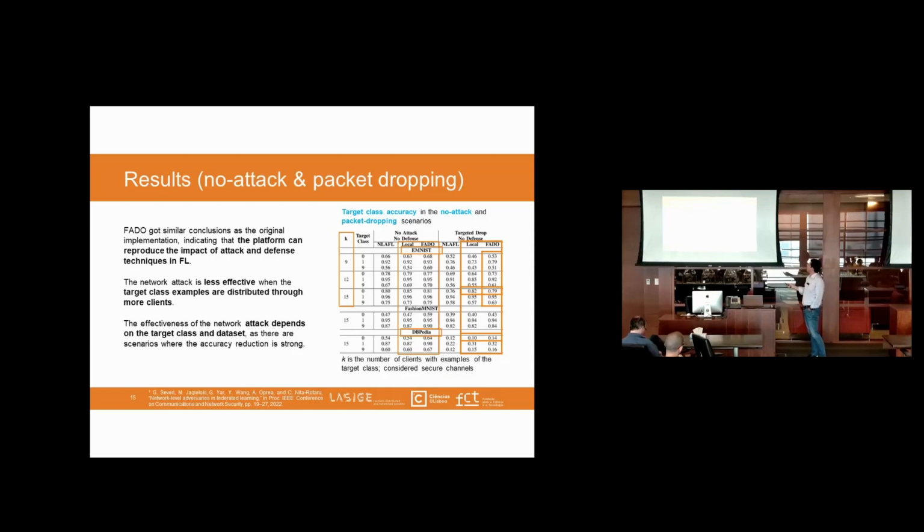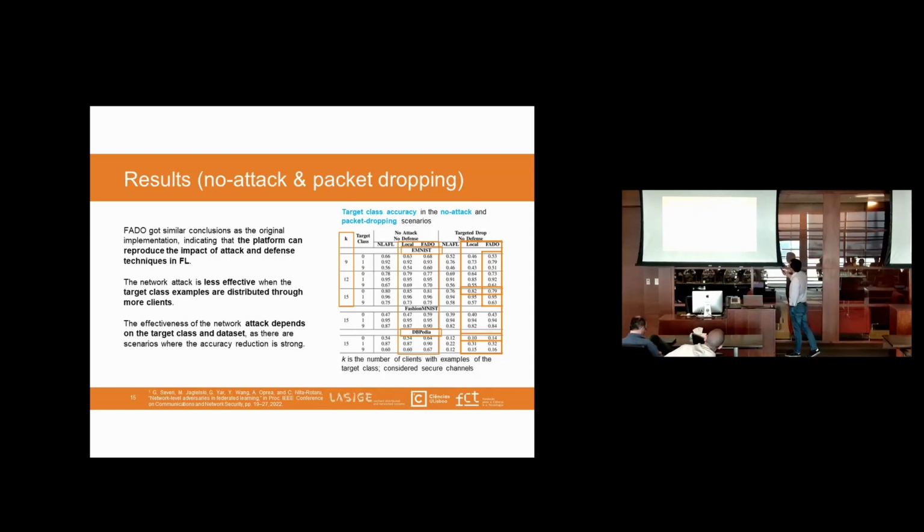Depending on the number of clients that have the target class examples, you also get different results. So as you have more clients with the target class, it becomes harder to do the attack, okay? So there are these sorts of conclusions that you can take.